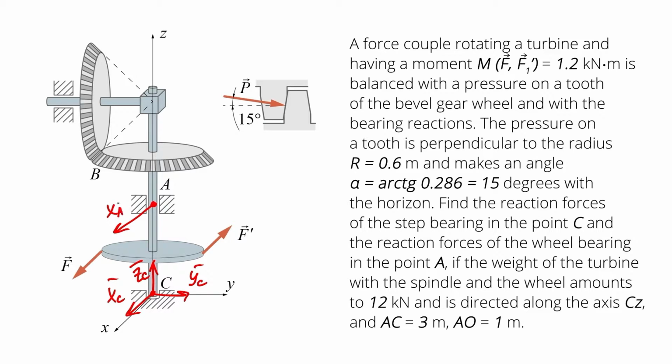XA and YA. The bevel gear wheel is also a constraint, which we mentally remove, replacing its action with the corresponding reaction. Apart from the reactions of the constraints, the gravitational force is also acting on the turbine spindle.